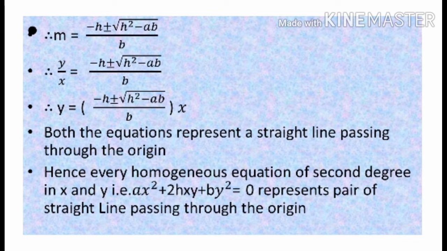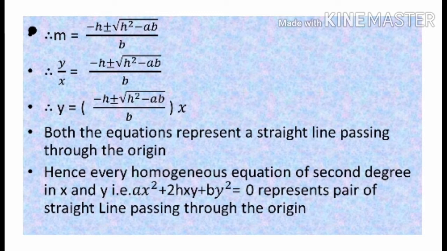Now the equations of lines are y = ((−h ± √(h² − ab)) / b) x. Now here if h² − ab < 0, then we get a negative number in the root, and hence we get an imaginary number as slope of the line.